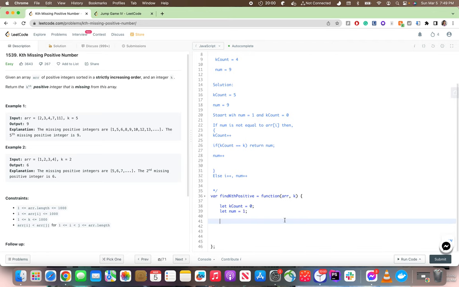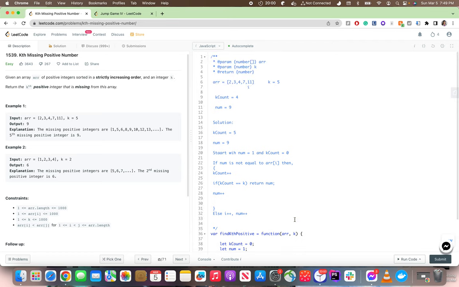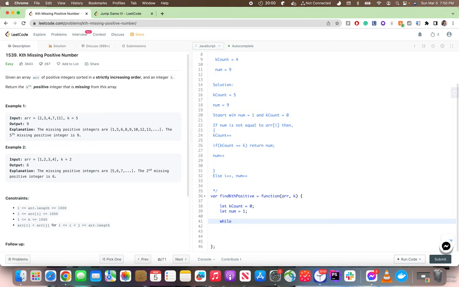And for let i, we'll do it until i is less than array dot length.